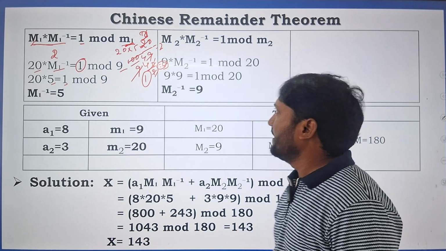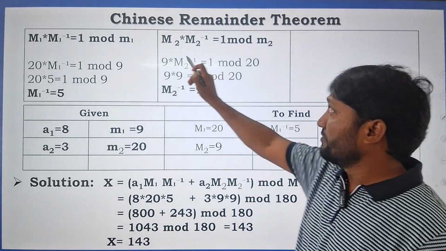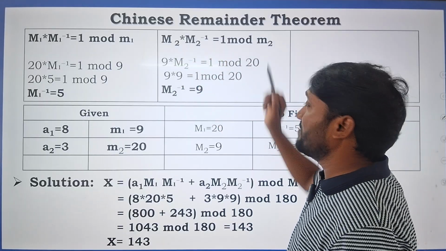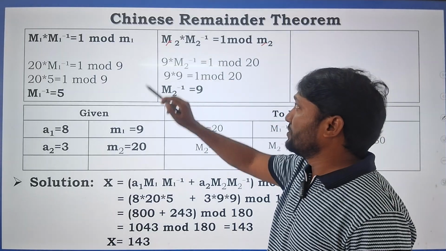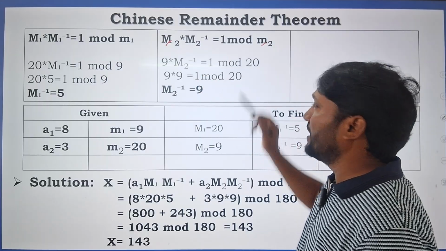Similarly, what is the formula to calculate the m2 inverse? m2 multiplied by m2 inverse equals 1 mod m2. As you know what is small m2 and capital M2, 9 into M2 inverse equals 1 mod 20.